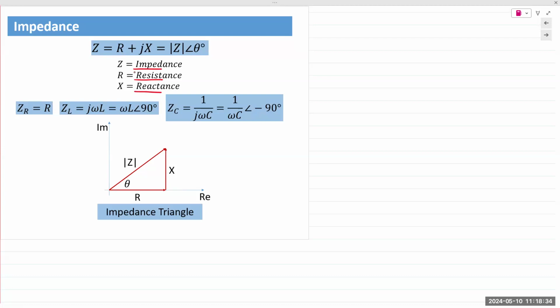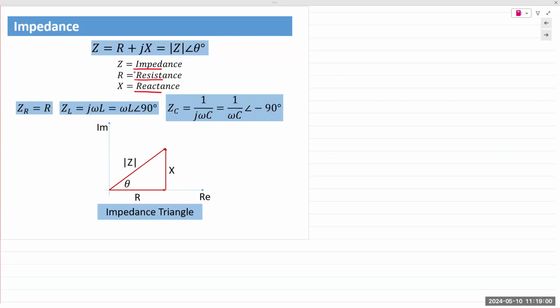So let's talk about reactance first. Reactance is associated with energy storage devices. The only energy storage devices we have are inductors and capacitors. Resistors do not have energy storage capability. So resistors behave exactly the same way for AC as they do for DC.